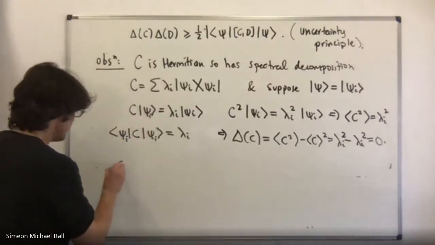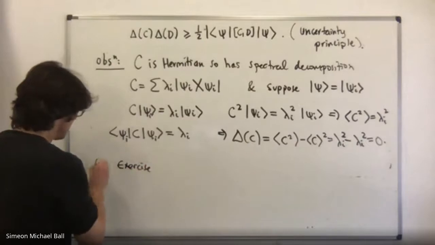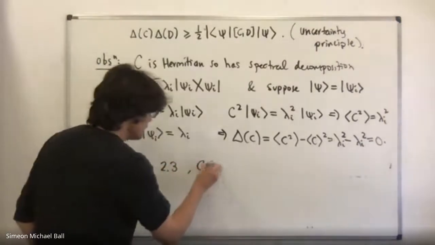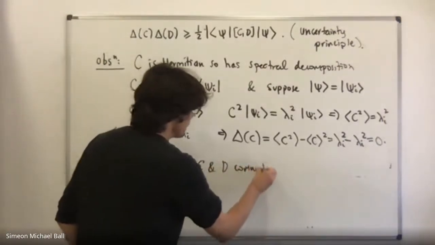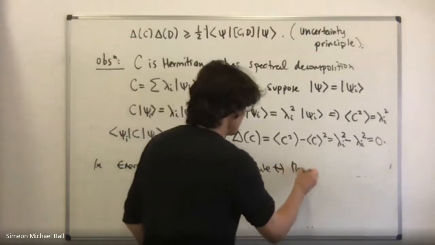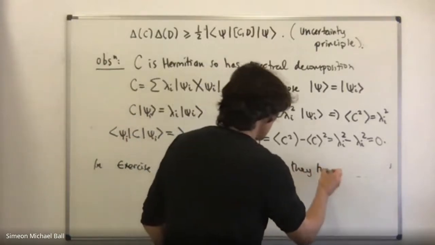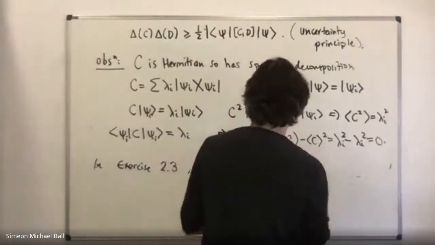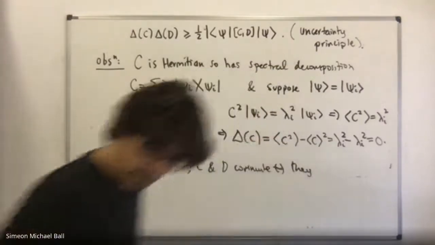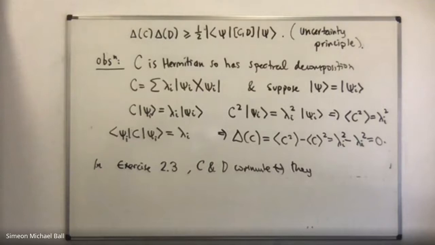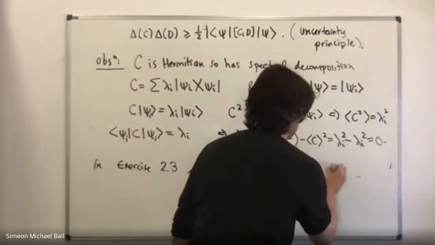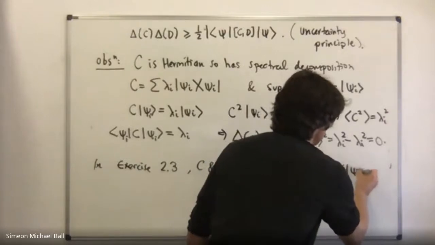So recall from exercise 2.3, C and D commute if and only if they diagonalize in the same set of eigenvectors. D is also mu with the same eigenvectors, right?